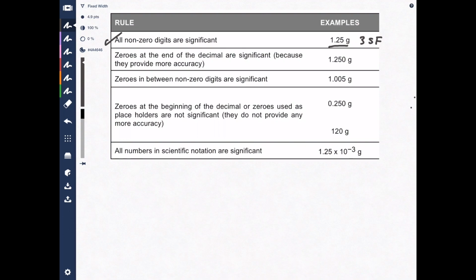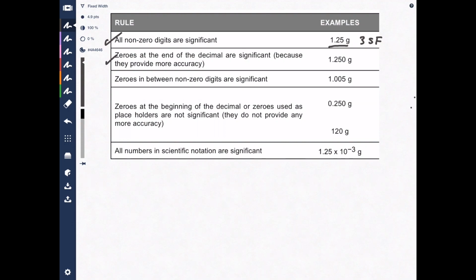There is no zero digit, so all those digits are considered to be significant. Now, that's pretty simple. Whenever a number is not zero, it's significant. It's when we start adding zeros that you have to be careful, you have to look at things more closely.